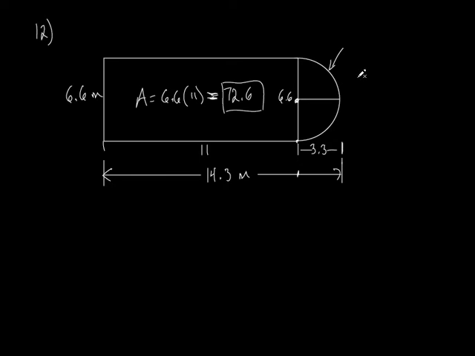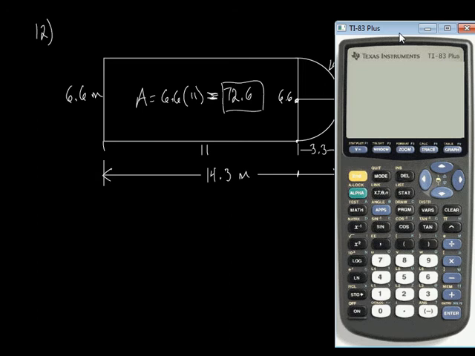So let's find the semicircle. Well, the area of a circle is pi r squared, but if it's a semicircle, it's half a circle, so the area of the semicircle is pi r squared divided by 2. Pretty simple. Let's figure out, what is the radius? Well, we just finished saying that the radius is 3.3, so it's pi times 3.3, got to square it, because we square the radius, and divide it by 2. This is definitely a place where you can use the calculator.